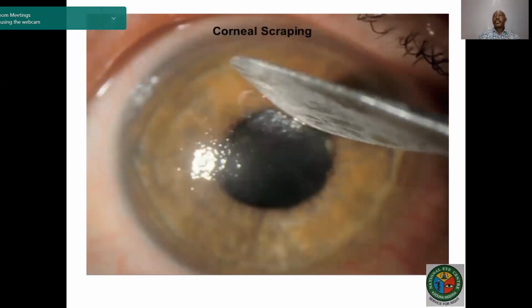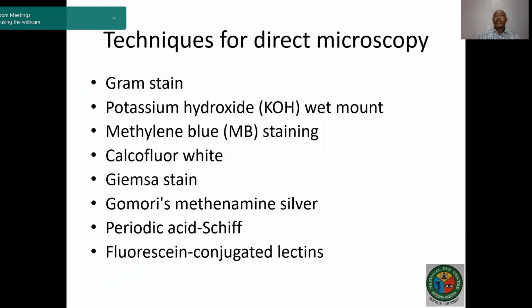Corneal scraping is very important, and is an important step in the diagnosis of infective corneal ulcers. There are several things that can be done within the immediate and then the later part of the treatment.